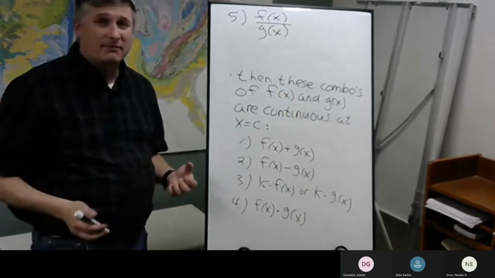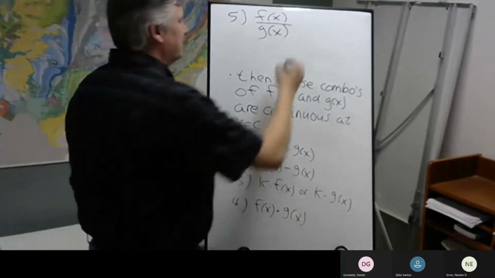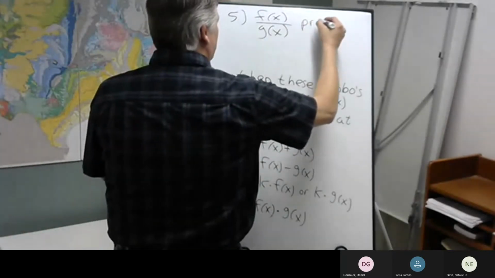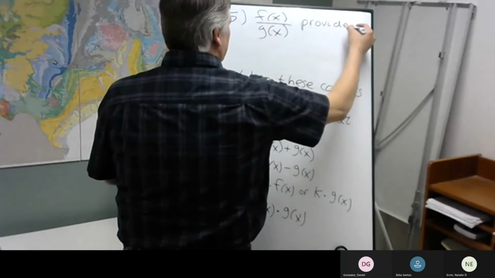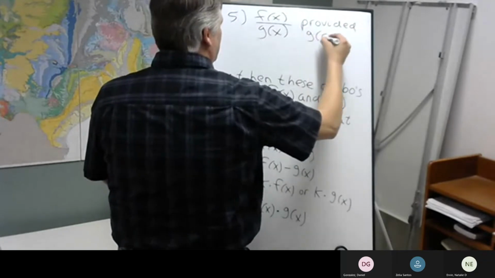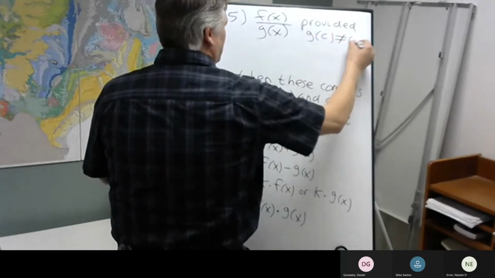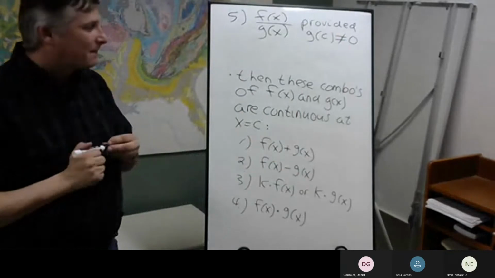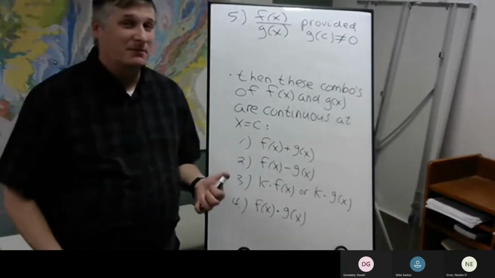The quotient of f of x and g of x, provided g of c does not equal 0. So don't get that division by 0.